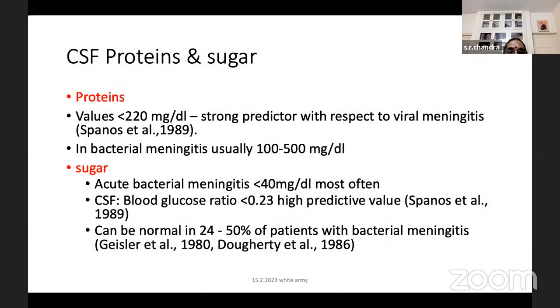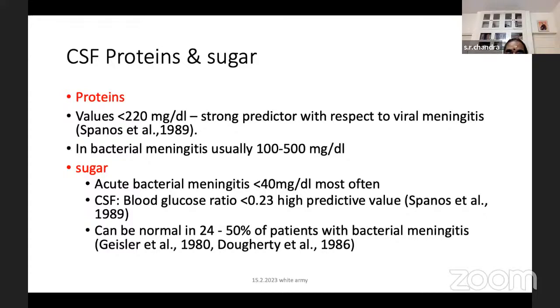Protein values less than 220 milligram are common with viral meningitis. In bacterial meningitis, it is always higher, 100 to 500 milligram per deciliter. In acute bacterial meningitis, sugar level is usually less than 40. And the ratio between the blood glucose and the CSF sugar, less than 0.23, is a very useful predictor of acute bacterial meningitis.